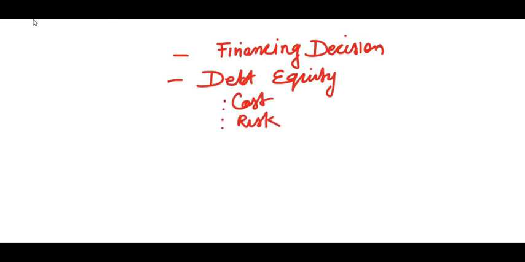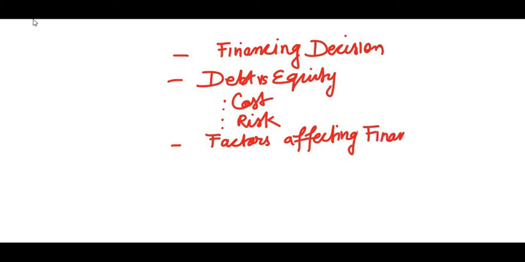We made a table where we compared debt and equity on the basis of cost and risk, and then we have also done factors affecting financing decision. So I hope these topics are clear to you.